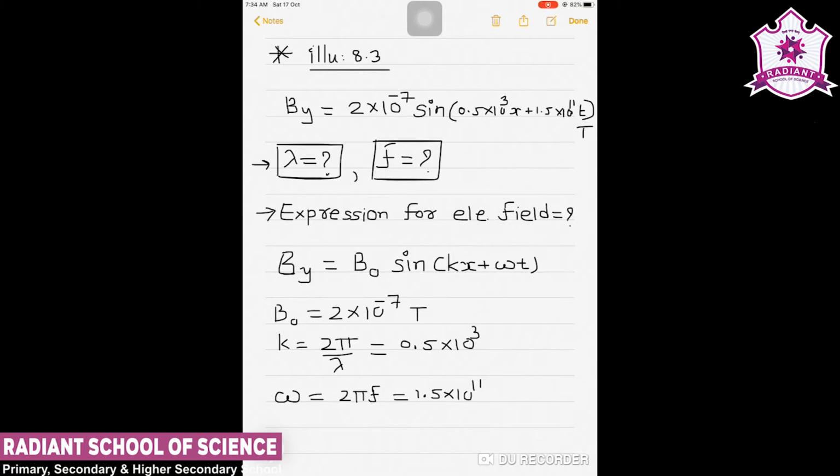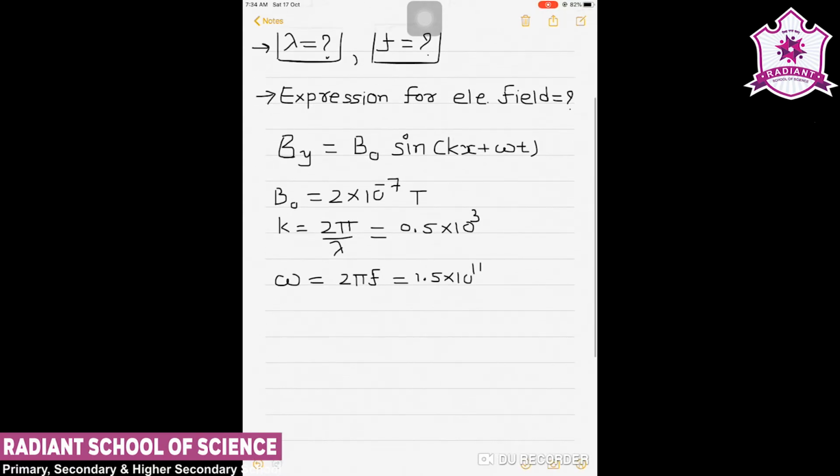On the basis of this, first of all we will derive lambda. Lambda equals 2 pi upon 0.5 into 10 raised to 3. So ultimately this will come to 1.26 centimeter.